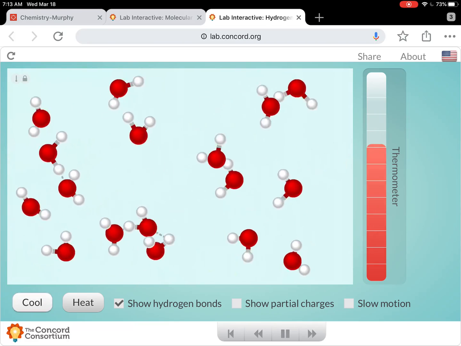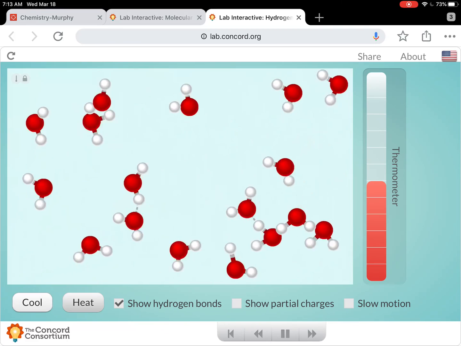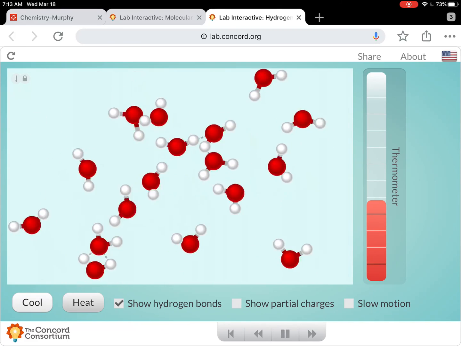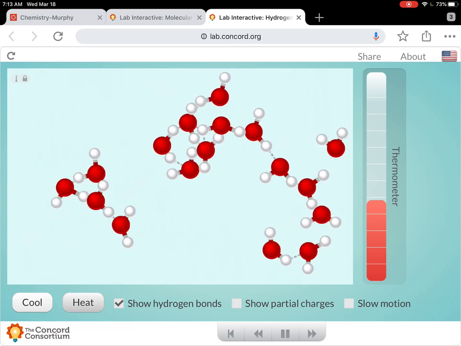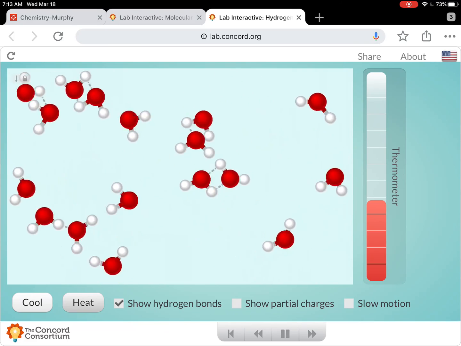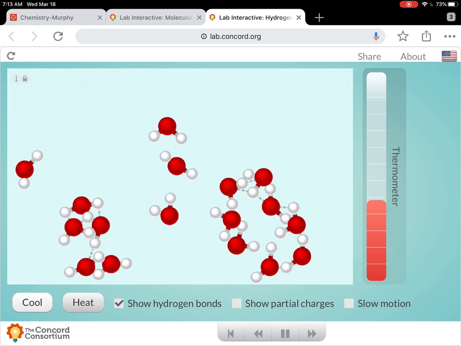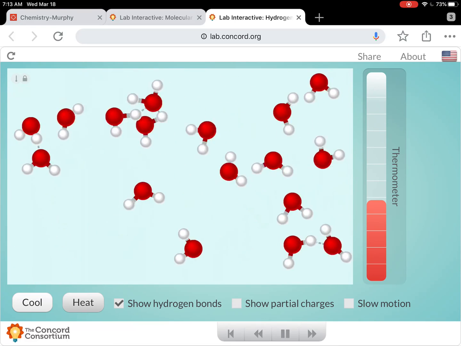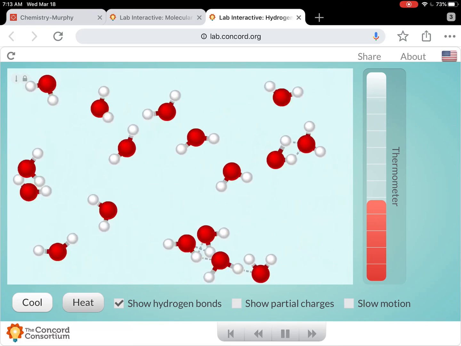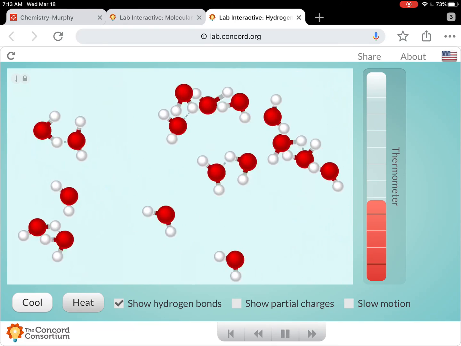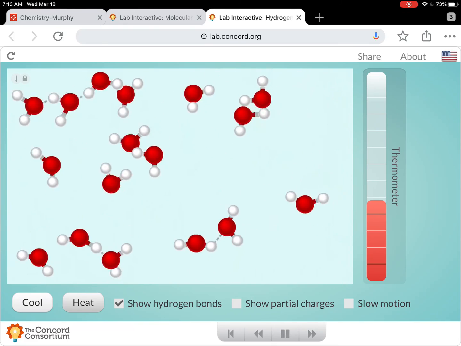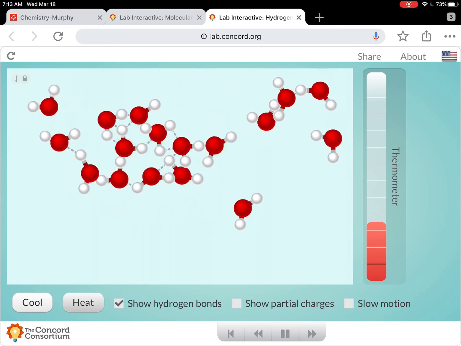Now, if I start decreasing the temperature, what is that an indication of? Are they all moving at the same speed? No. Are some moving faster and some are moving slower? Yes. But as a whole, their kinetic energy is decreasing.